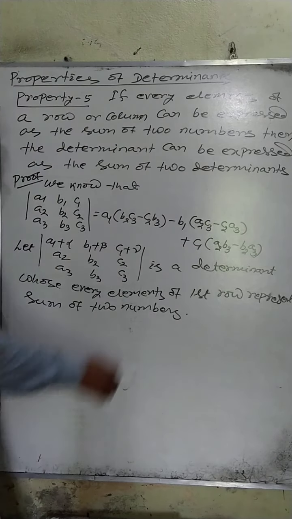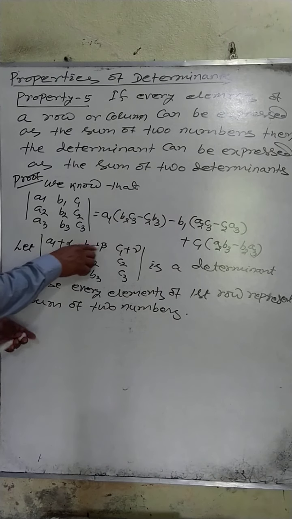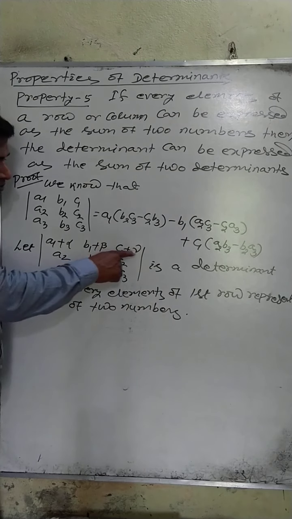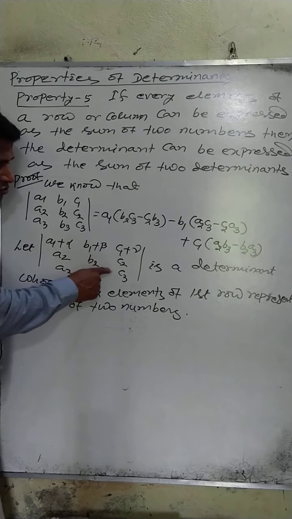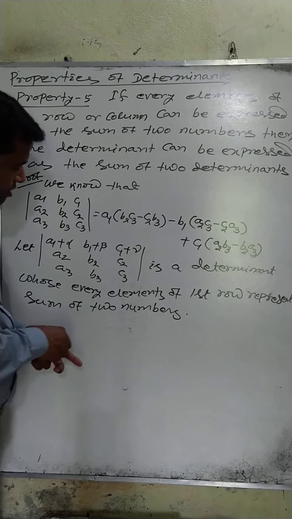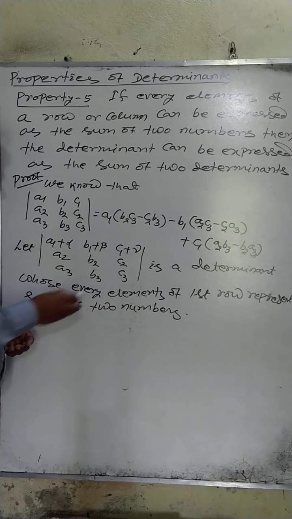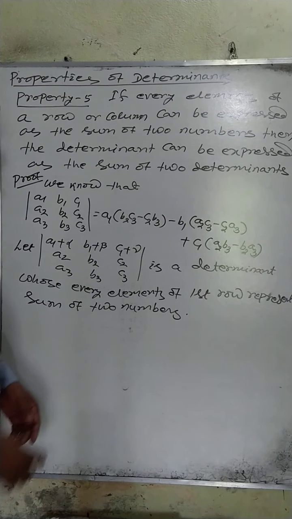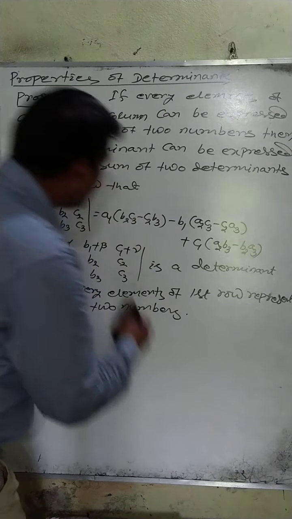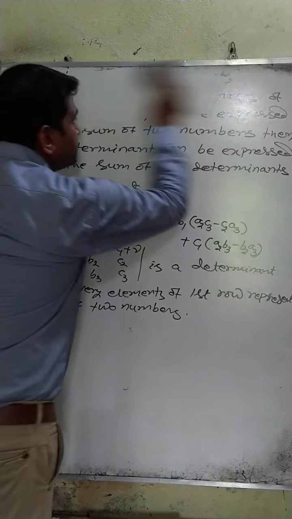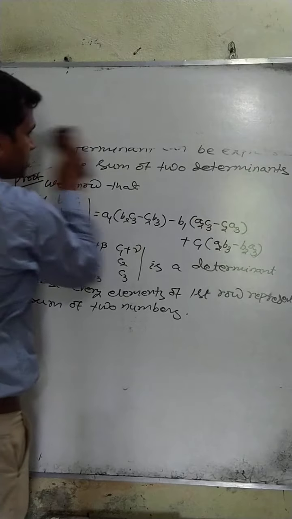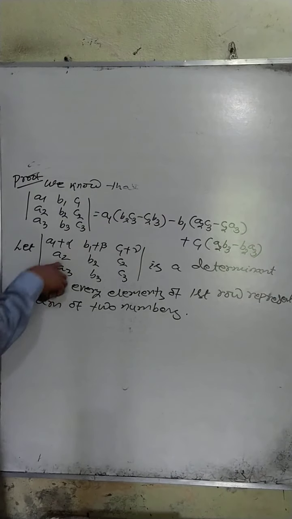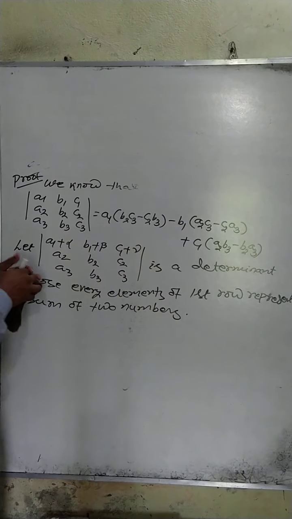Let the determinant with first row A1 plus alpha, B1 plus beta, C1 plus gamma, and rows A2, B2, C2, A3, B3, C3 be a determinant whose every element of the first row is represented as the sum of two numbers. Now we expand it. We show that this determinant is the sum of two determinants.